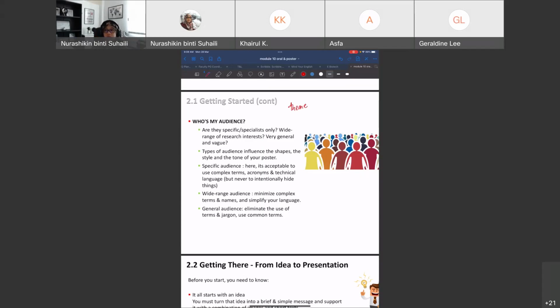My specialization is fermentation or bioprocess, so the conference I attend would be on bioprocess technology. Those who present or attend must be researchers from this field as well. So whenever I prepare a poster for this conference, I expect that the people also know about bioprocess technology.